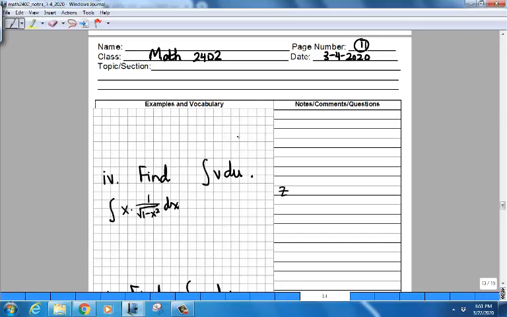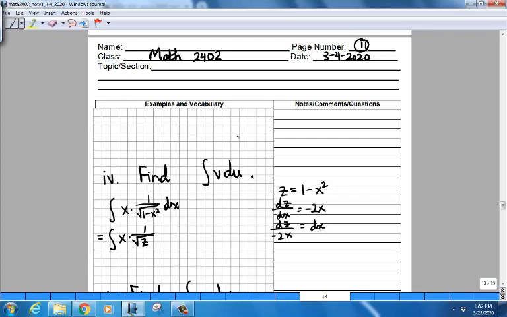So what is dz/dx? That's minus 2x. If we now solve this for dx, we get that dx is equal to dz over minus 2x. Now let's carry out our substitution. I have x times 1 over the square root of z, remembering I'm substituting z for 1 minus x squared, and then times dx, but dx is dz over minus 2x.